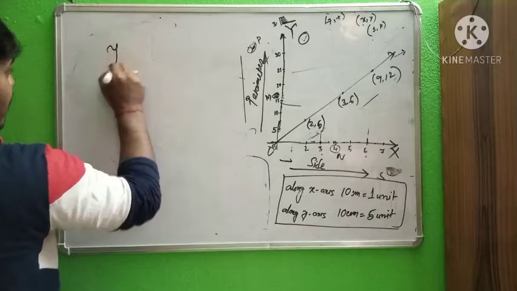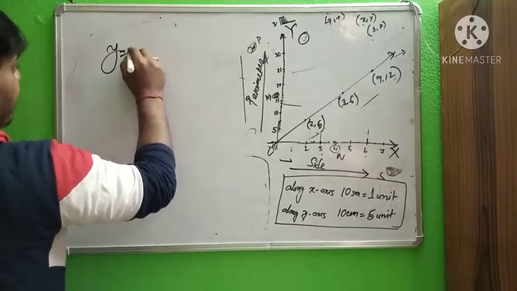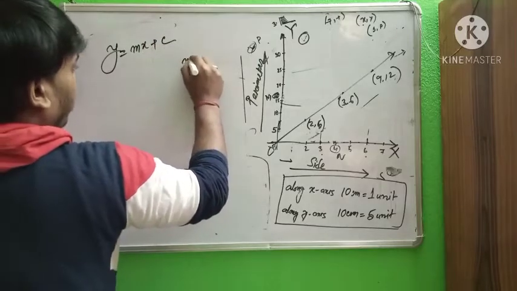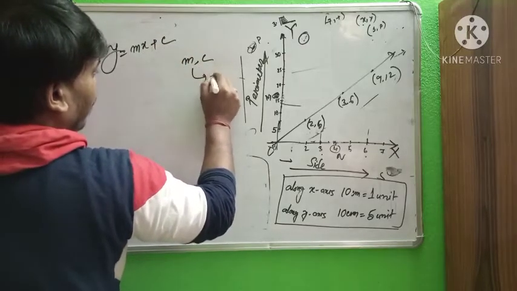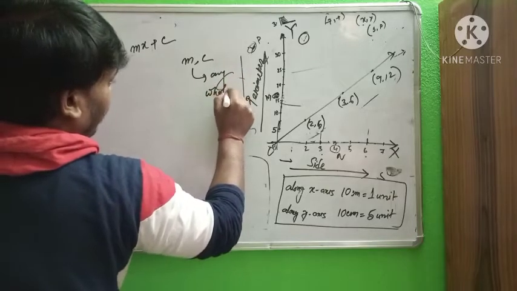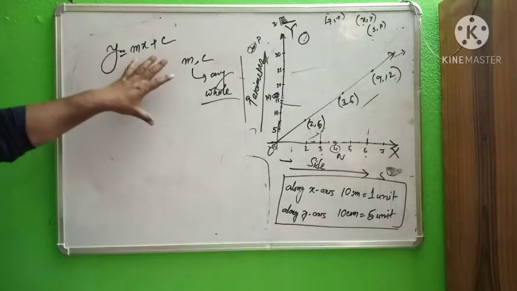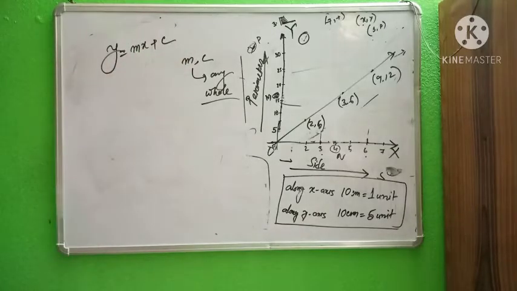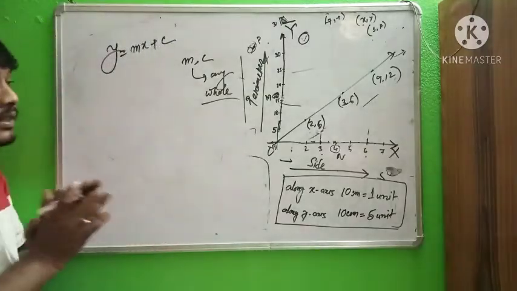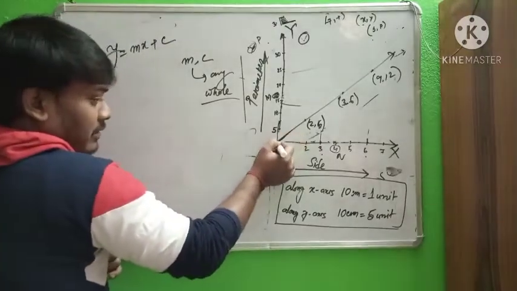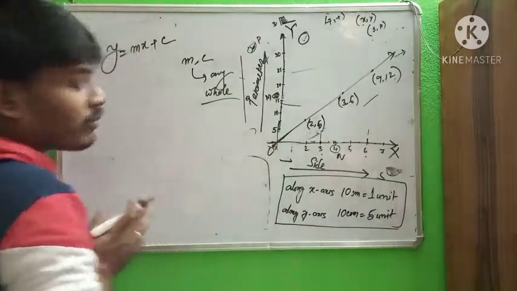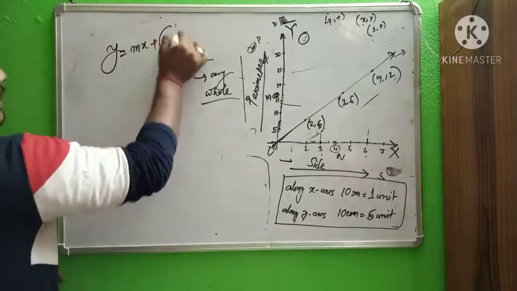Any equation of any line can be expressed as y equal to mx plus c, where m and c are constants, and by using some condition we can find the values of m and c. First we will see whether the line passes through the origin or not. If the line passes through the origin, then the value of c is 0.